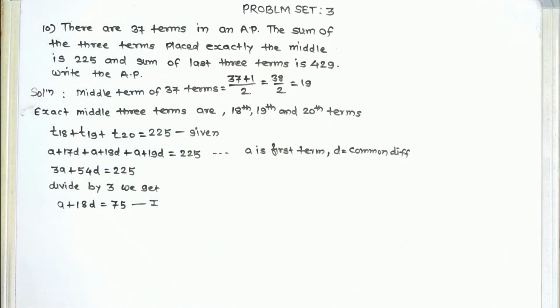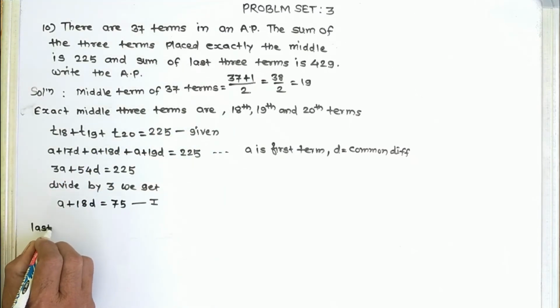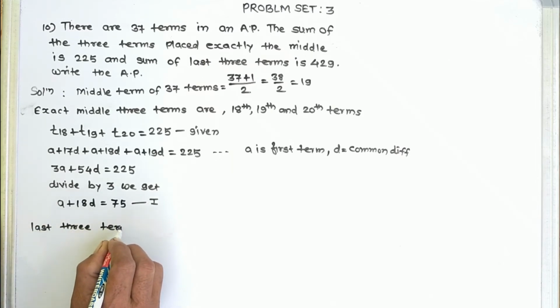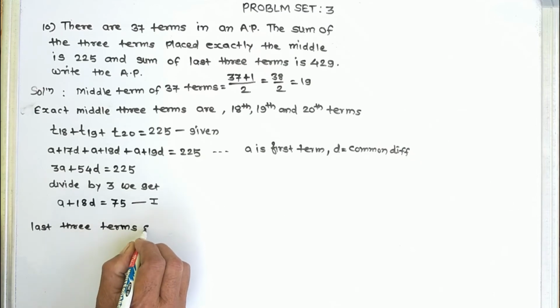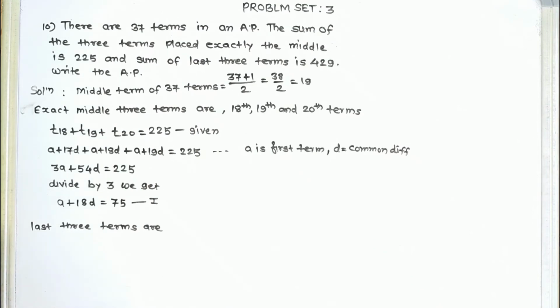Now we will find the last three terms. Last three terms are, total terms are 37, so we will have 35, 36 and 37. These are the last three terms.